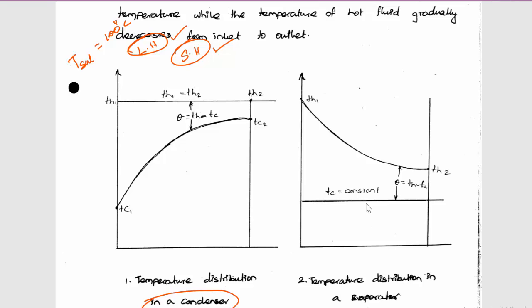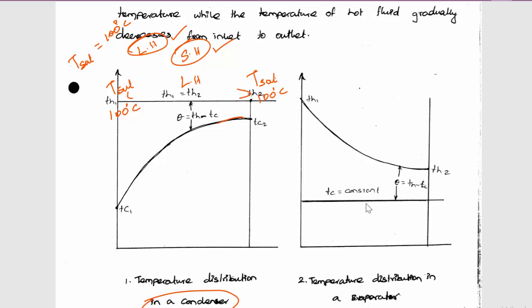So here the hot fluid temperature may be the saturation temperature, and at the exit also the hot fluid temperature will be at saturation temperature. For example, if you take water as the hot fluid here, at the entry condition the temperature of the vapor is 100 degrees Celsius. At the exit condition also the temperature of the vapor will be 100 degrees Celsius only. So in between, it will lose its latent heat only to the cold fluid.